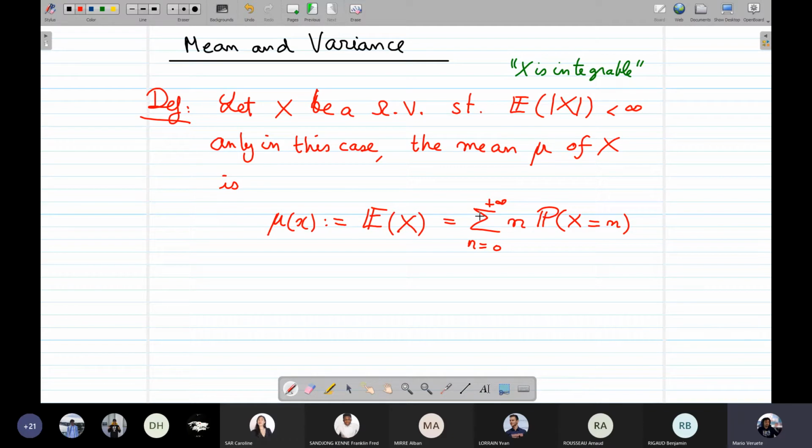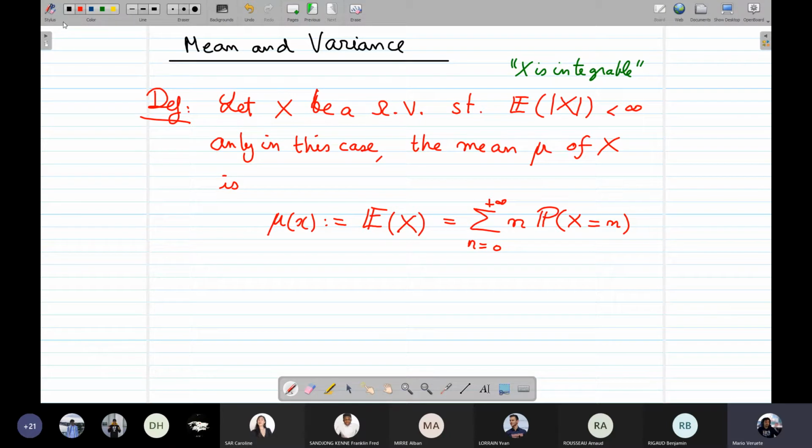Usually people use the words mean and average as equivalent. If you say the average of something or the mean of something, it is equivalent. But the expectation implies that we know that this function X is integrable.